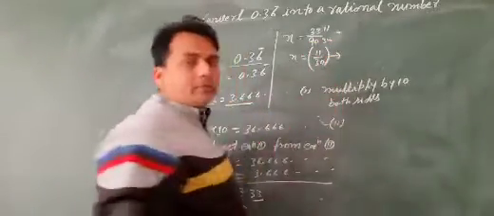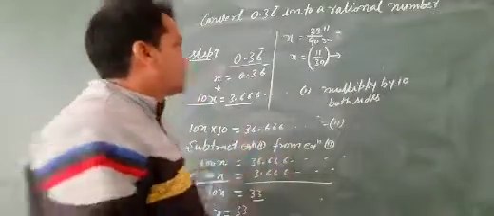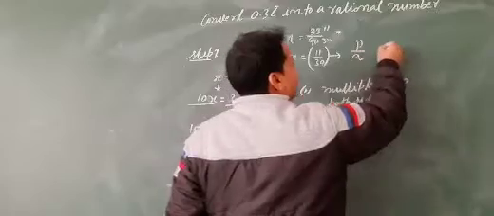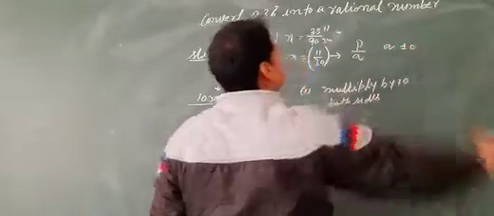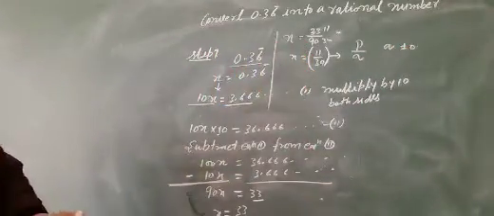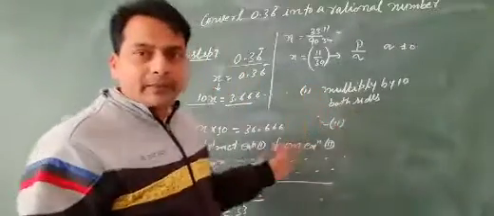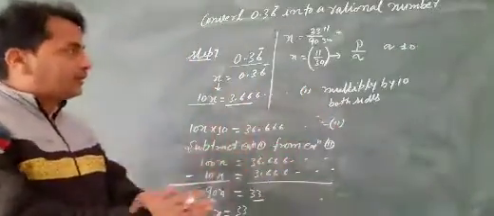That is a rational number because it is in the form p by q where q is not equal to 0.